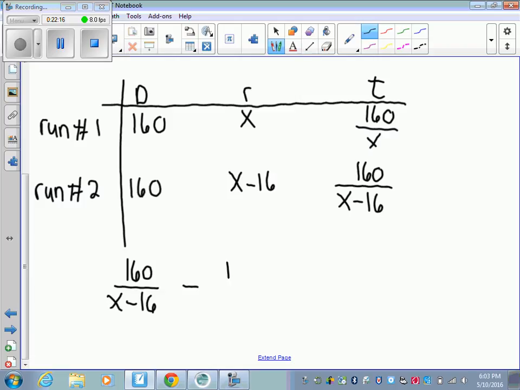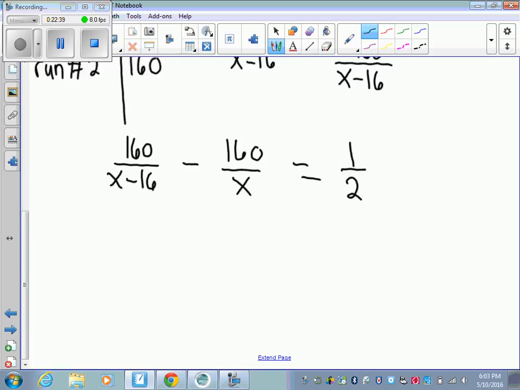Subtract the time in good weather, and that would be a half hour longer. Fake numbers again. 2.5 hours, run number 2. 2 hours, run number 1, when it was good weather. Subtract the 2 will give me a half an hour longer. All right, then we go through the math of solving that.